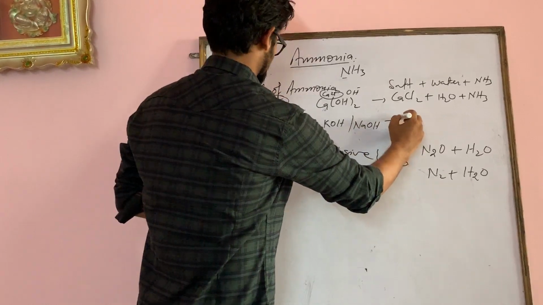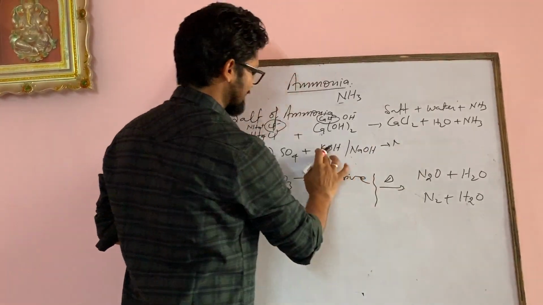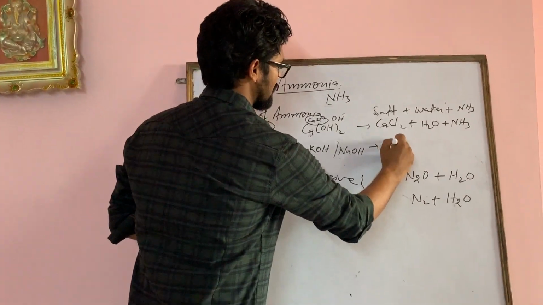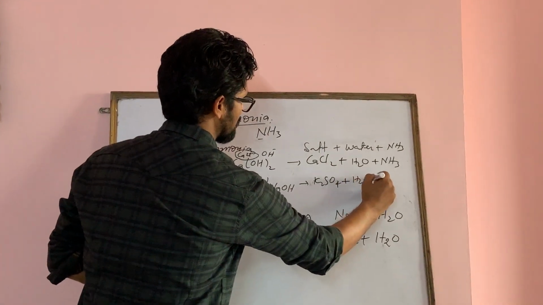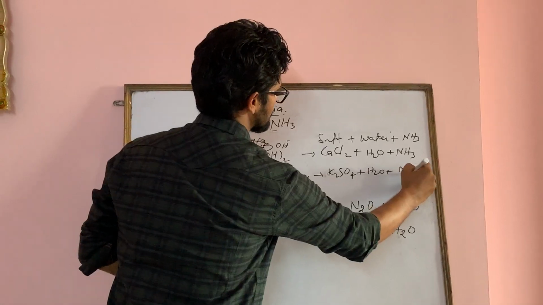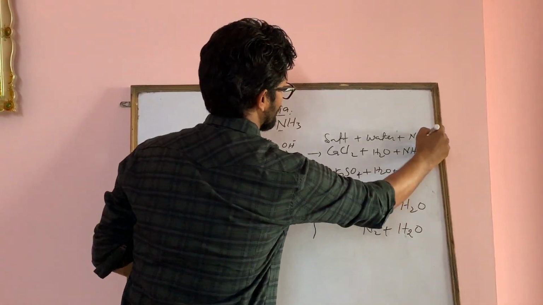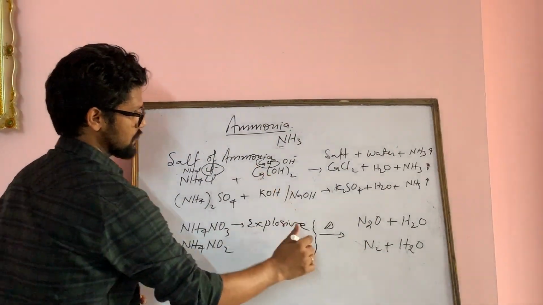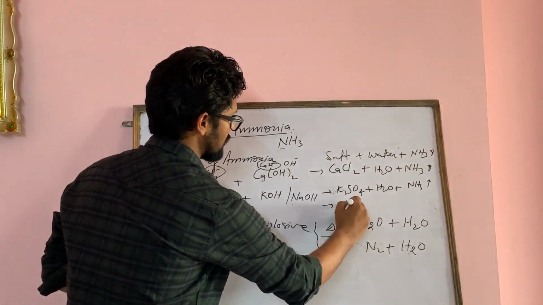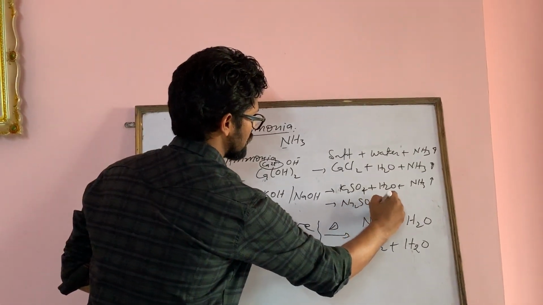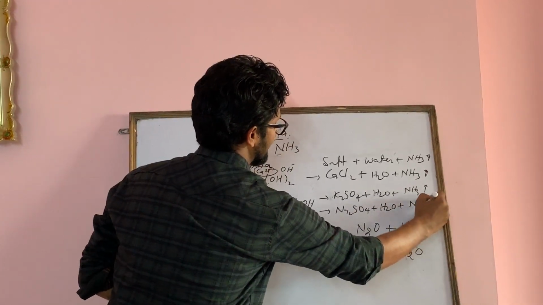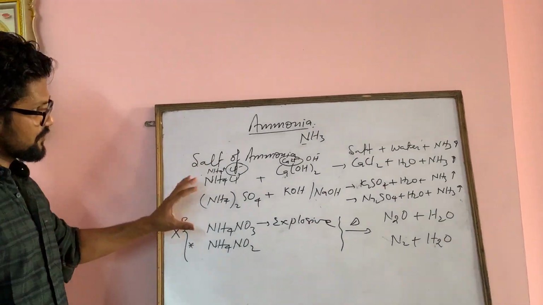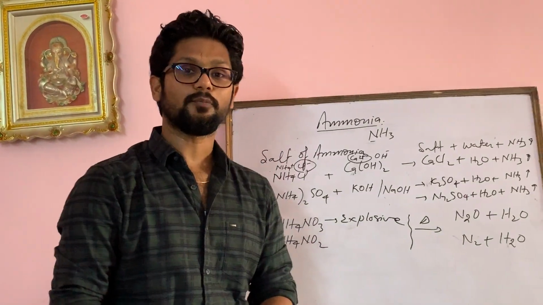Similarly, if potassium hydroxide is taken, it gives K2SO4 plus water plus ammonia gas. If you have taken sodium hydroxide, it will give Na2SO4 plus water plus ammonia gas. This is the general method of preparation of ammonia.